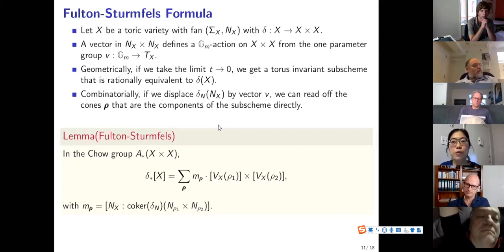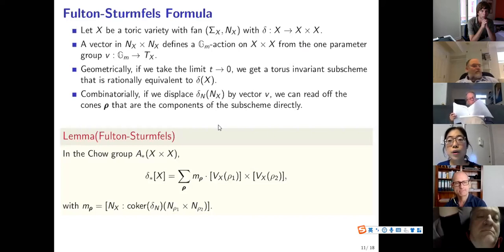As I mentioned before, the fiber product that we're doing is very closely related to toric varieties, and the tropical picture and the algebraic picture actually match beautifully in the category of toric varieties. So let's take a look at this one.